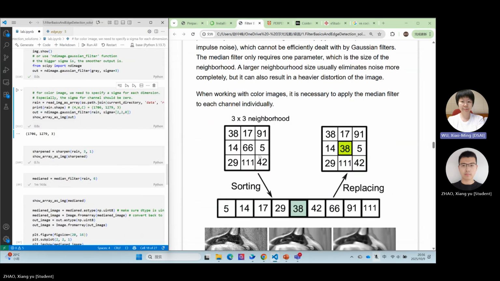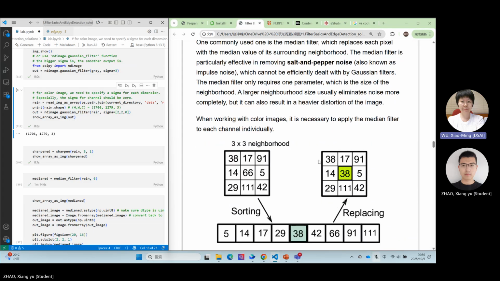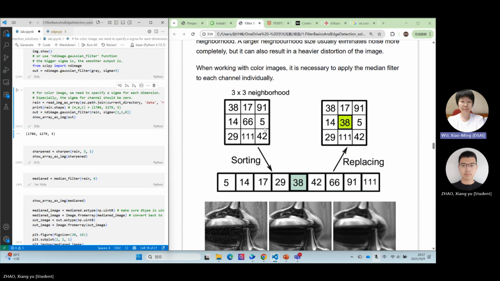Let's see what is the median filter? When working with the color images, it is necessary to apply the median filter to each channel individually. The input is a 3 multiply 3 neighborhood, and we will replace the center points.